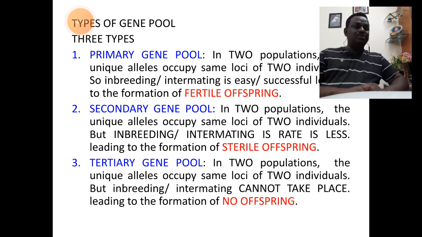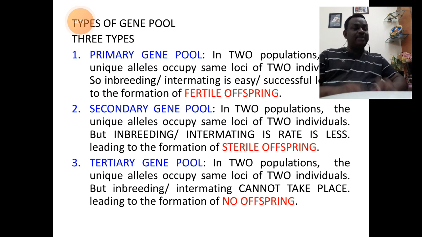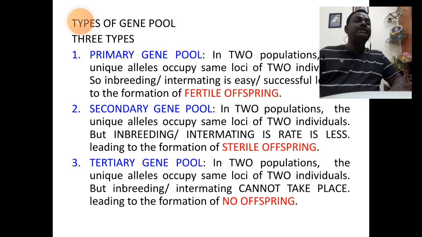In the tertiary gene pool, the loci of the two individuals involved in mating for a unique allele remain the same, but no intermating or inbreeding takes place, so no offspring is formed.